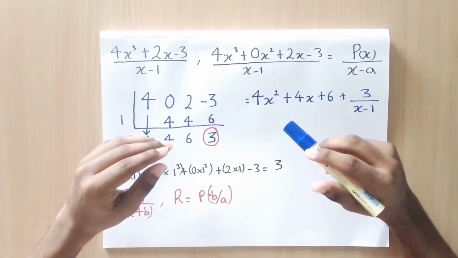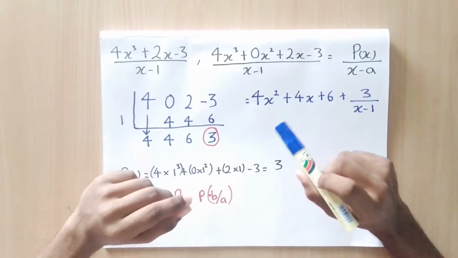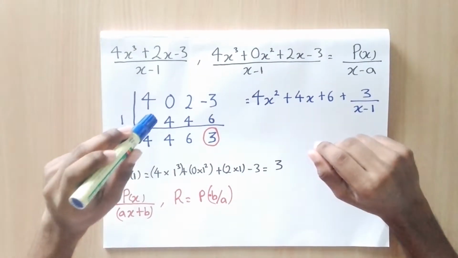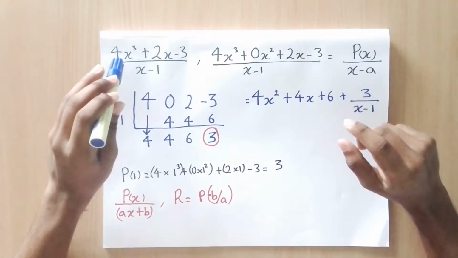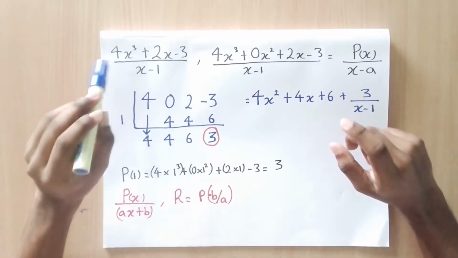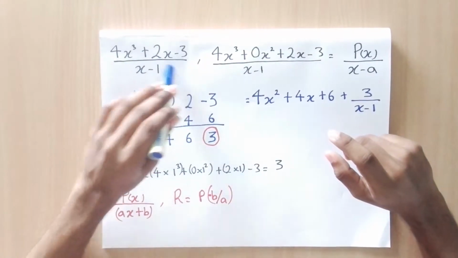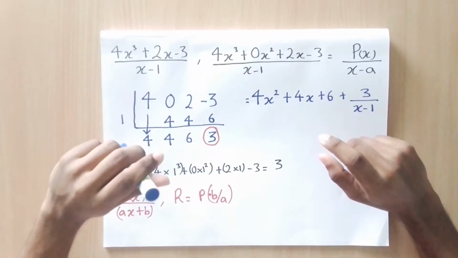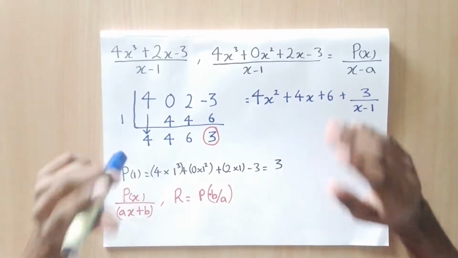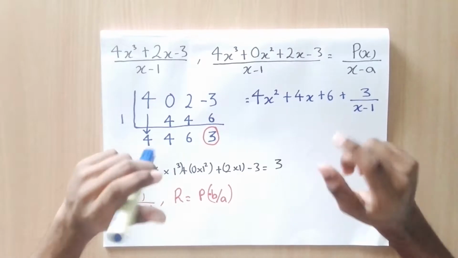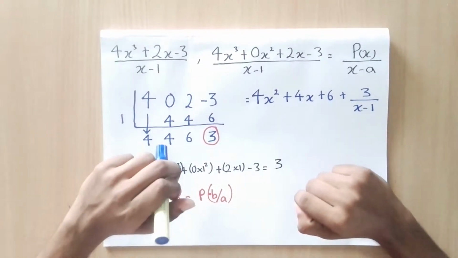Let's answer this question to get a better understanding of this remainder theorem. Here we are required to find the remainder when 4x cubed plus 2x minus 3 is divided by x minus 1. We can find this using the long division method that we discussed in the previous video.